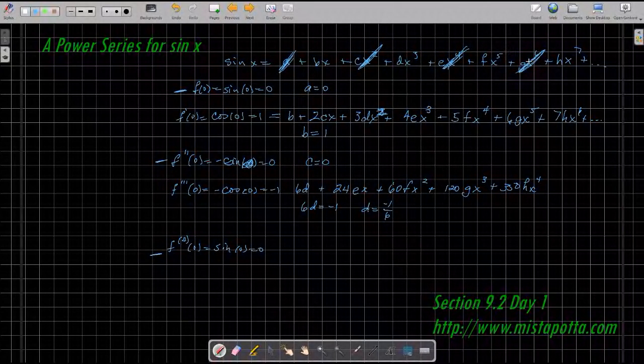Now, we know that sine is an odd function, and we know that if we take odd functions and add them to odd functions, we end up with an odd function. If we take an odd function and add it up to an even function, we actually end up with neither function. So it makes sense that I should only have odd terms left over.